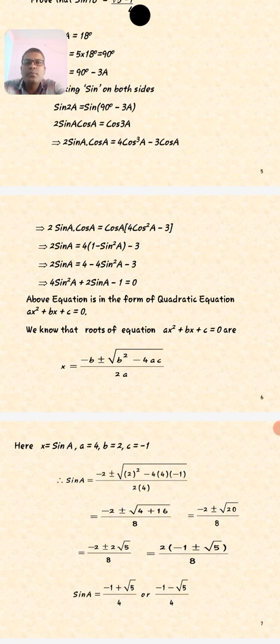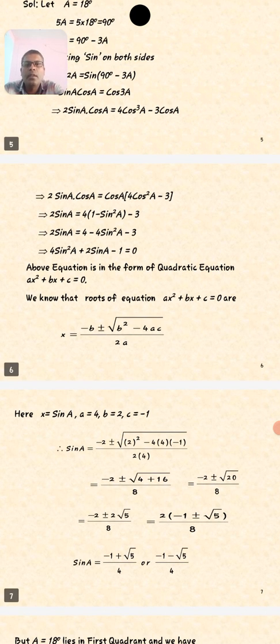That implies 4 sin square A plus 2 sin A, 4 minus 3 is equal to 1, minus 1 is equal to 0. The above equation is in the form of a quadratic equation, ax square plus bx plus c is equal to 0.